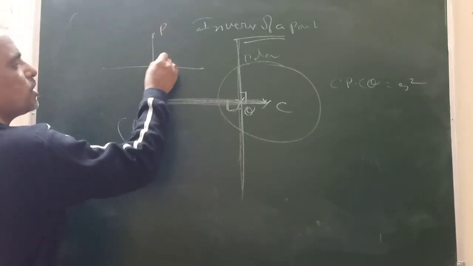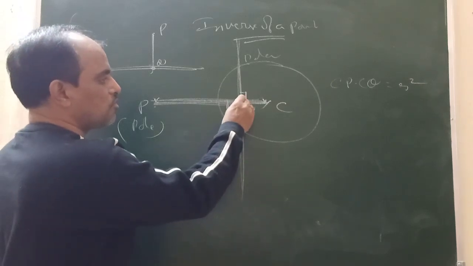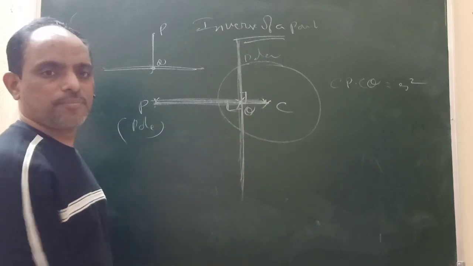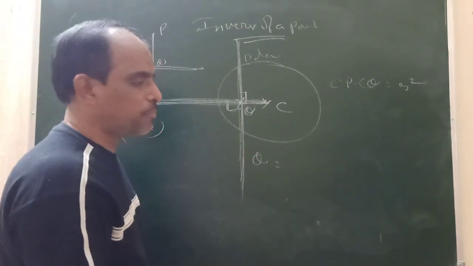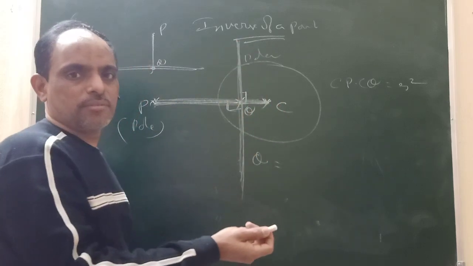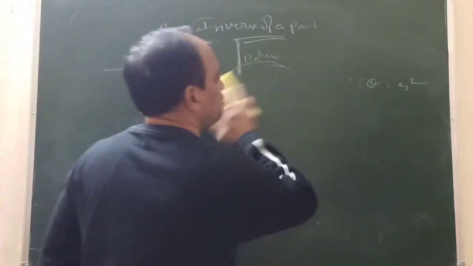This is P and this one is Q. So Q is nothing but the foot of perpendicular, either from P or from the center to the polar. So the inverse point Q is equal to the foot of perpendicular from the center to the polar, or from the pole to the polar.